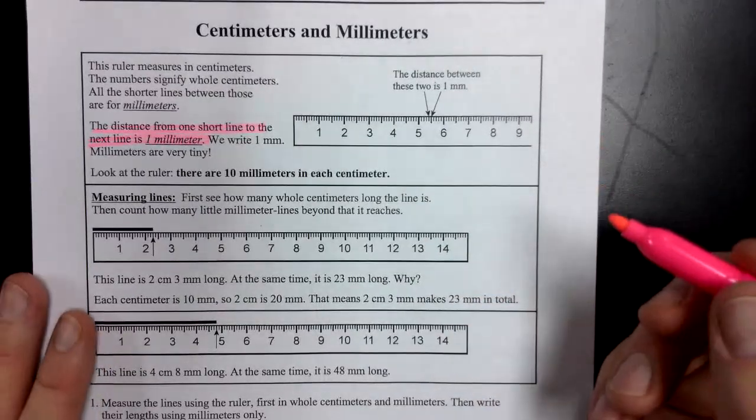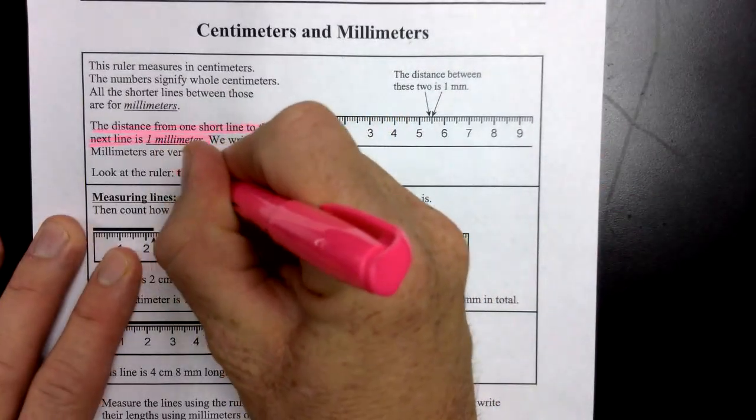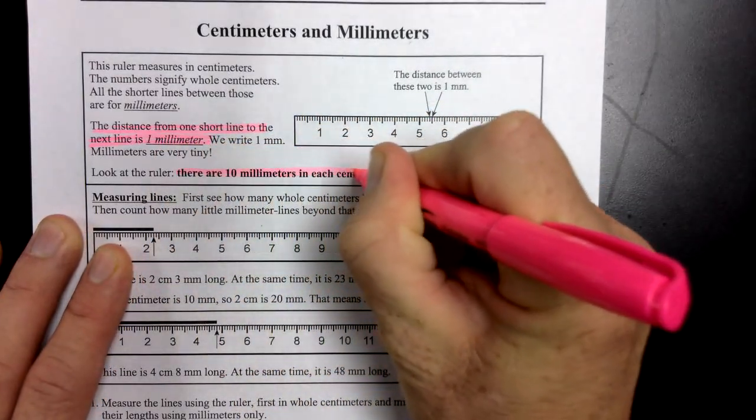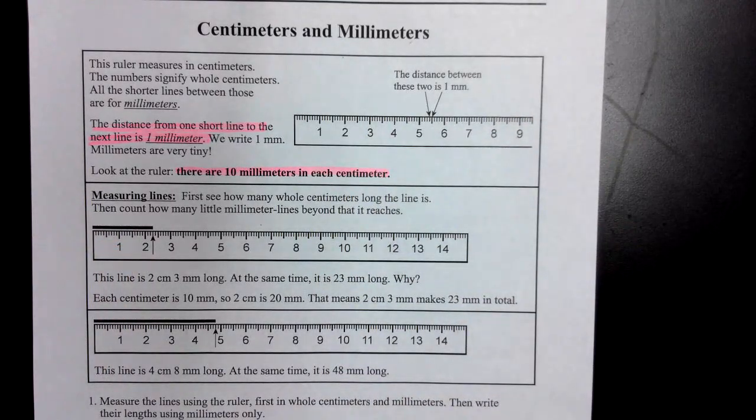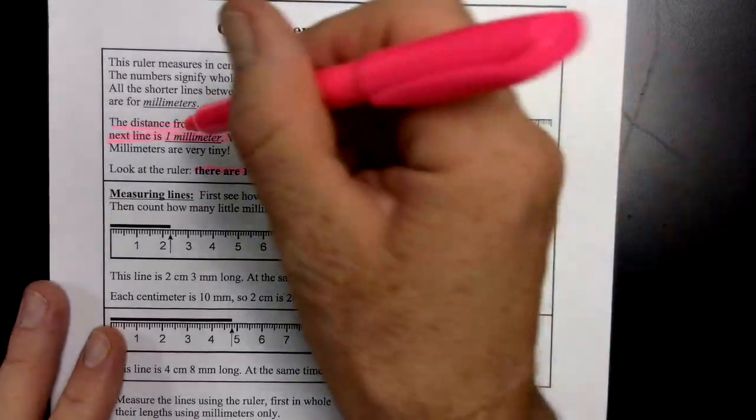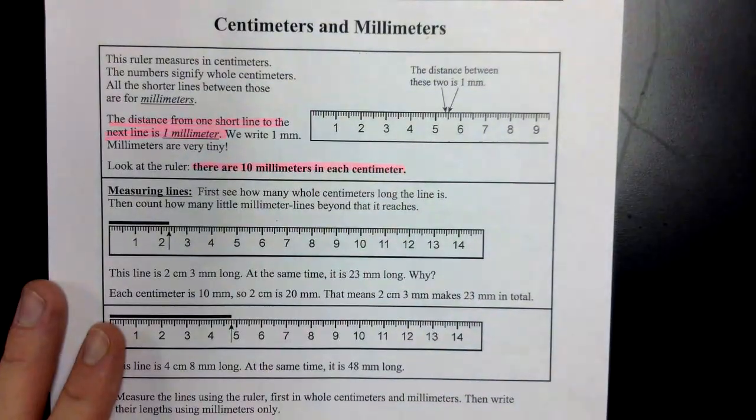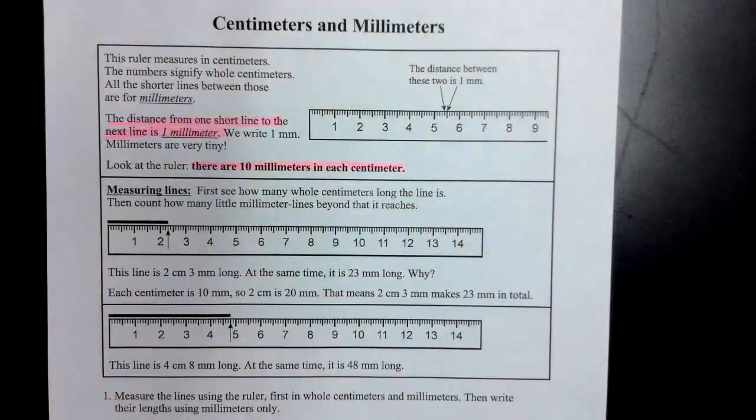And remember that there are 10 millimeters in each centimeter. I want you to highlight instead of underline, so if you have already underlined it, go back and highlight it. That way I know you're actually following along.